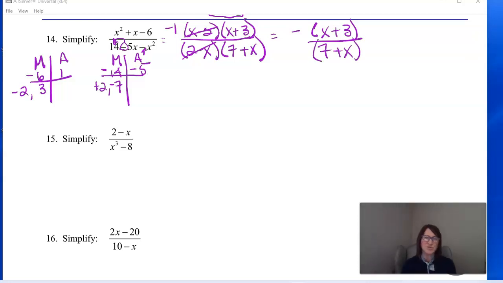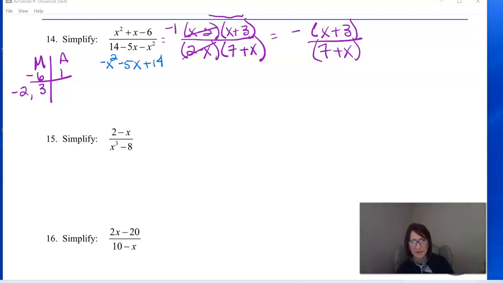Now that one was kind of a tricky one. Even I had to pause. So another way you could have looked at this denominator, I'm going to show you, in blue: you could have rewritten it as negative x squared minus 5x plus 14.